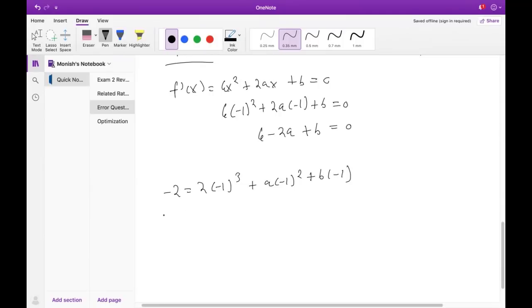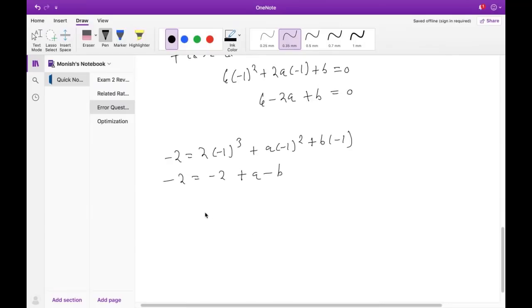And if we simplify this, it's -2 equals -2 plus A minus B. So we could simplify this a little, and so you would just get A minus B is equal to 0.